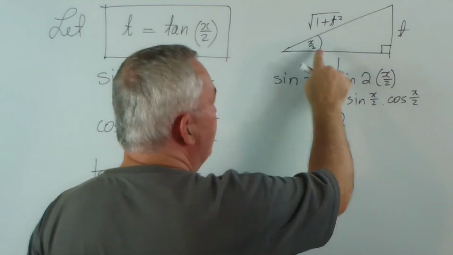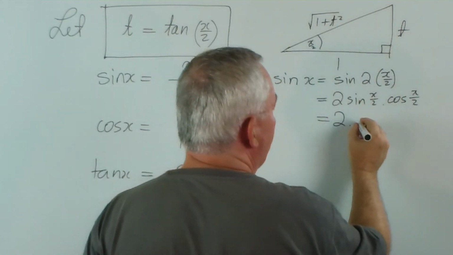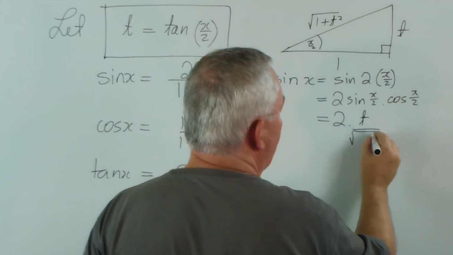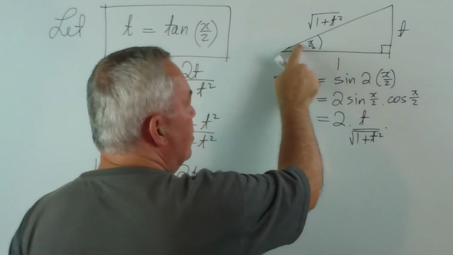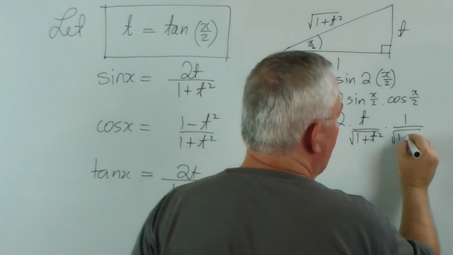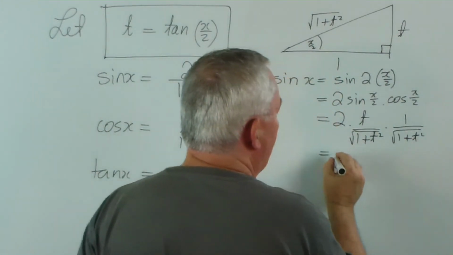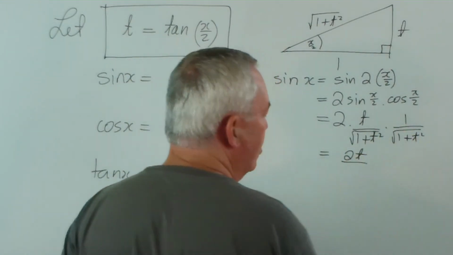Sine of x on 2, there's x on 2, the sine is opposite over hypotenuse, t over root 1 plus t squared. And the cosine of x on 2 is adjacent on hypotenuse, so it's 1 over root 1 plus t squared. And we get 2 times t times 1 is just 2t on the top.